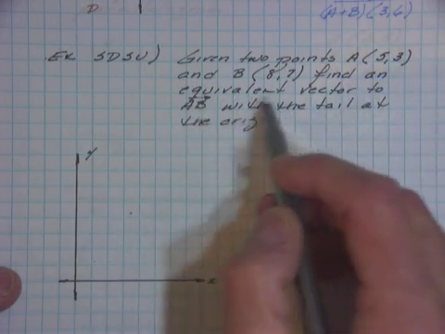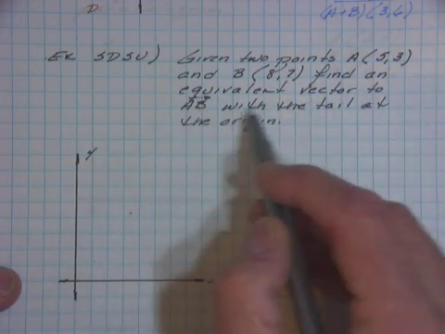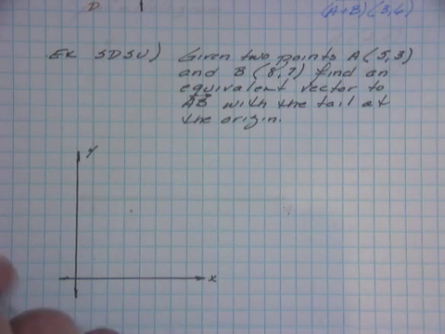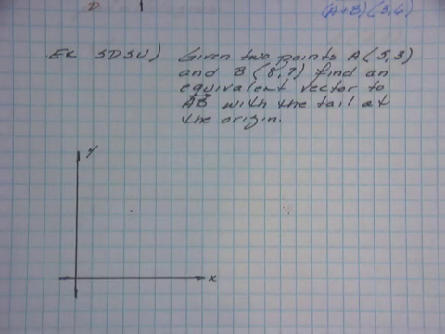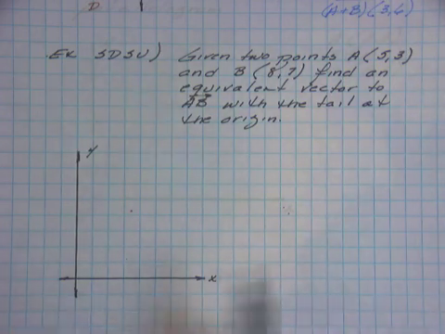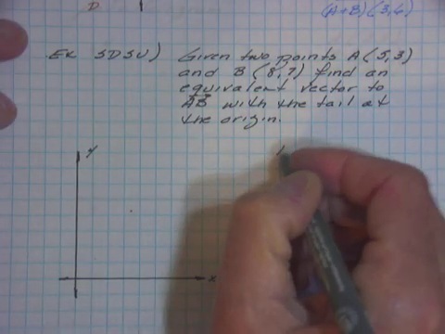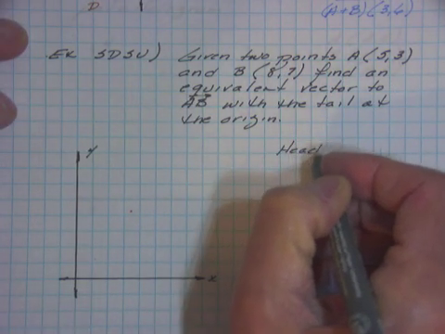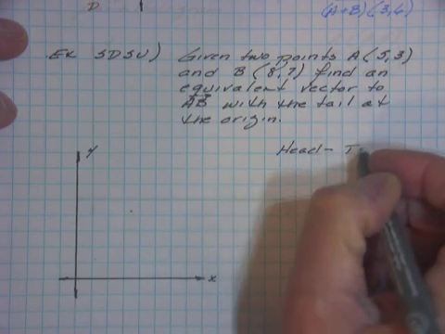Let's do another example. Given two points A at (5, 3) and B at (8, 7), find an equivalent vector to AB with the tail at the origin. All right. Well, there's a concept I need you to start getting familiar with, and that is known as the head minus the tail.